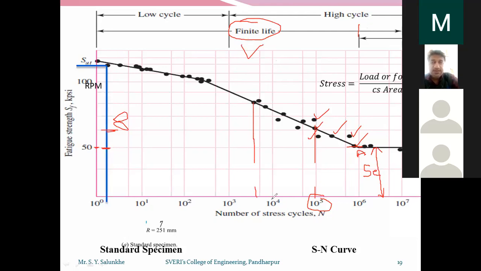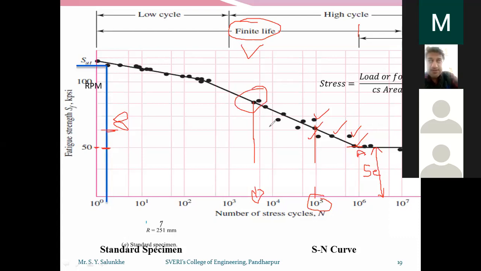So here in this case, after about 10 to the power of 4 cycles, this part is going to fail. Somewhere in between 10 to the power of 3 and 10 to the power of 4, this component is going to fail. That means you have designed that particular component for a finite life.